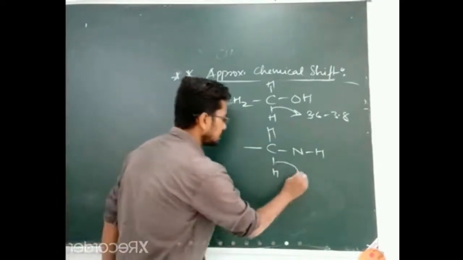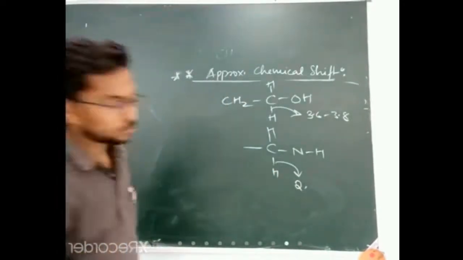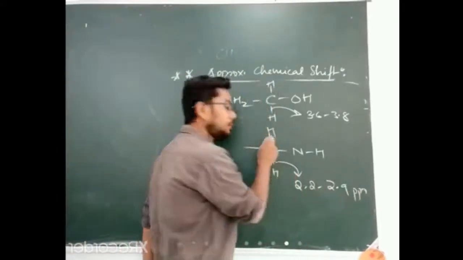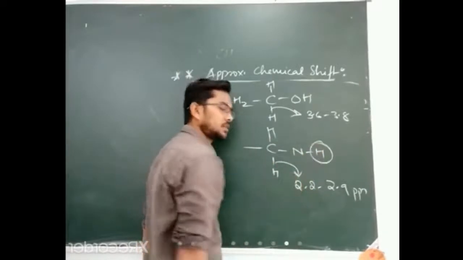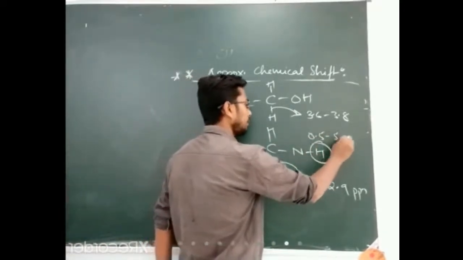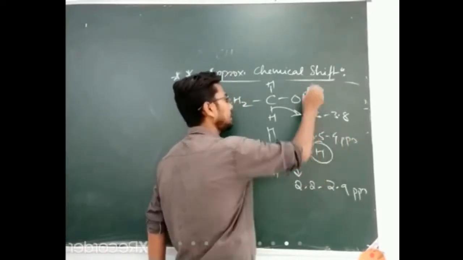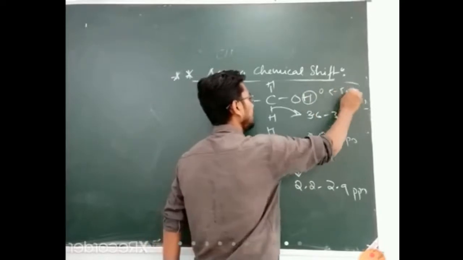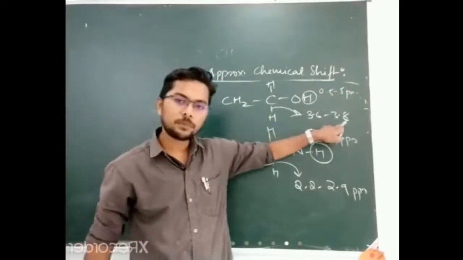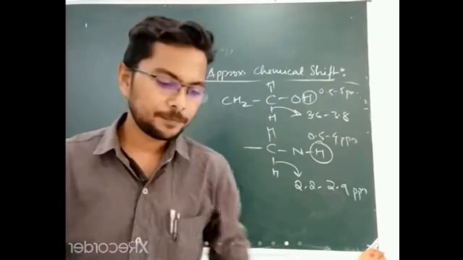So these hydrogens appear at 2.2 to 2.9 ppm. They will not be broad. Broad will be these hydrogens: this range is 0.5 to 5 ppm, and this range is 0.5 to 4 ppm. Okay, so understand the difference. These hydrogens come at 3.6 to 3.8, and these come at 2.2 to 2.9 ppm.